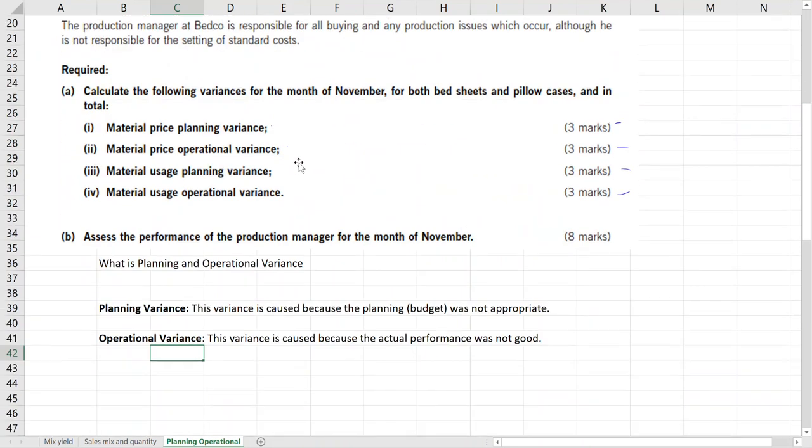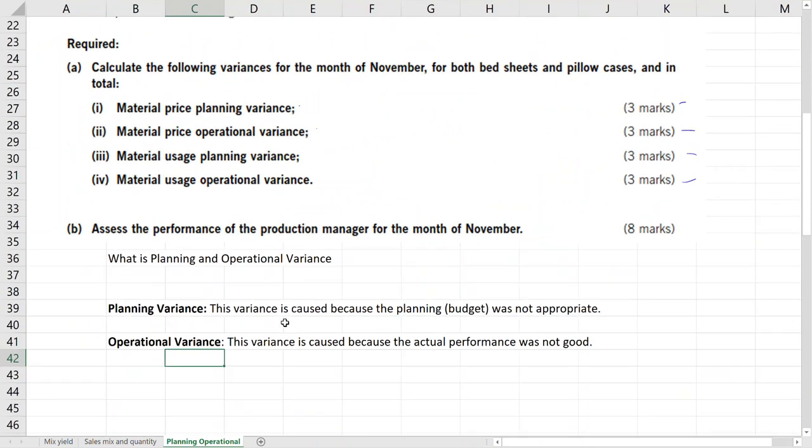All of these variances that we studied, the basic variances, the material, the labor, can be further divided into two parts: planning variance and operational variance. What is planning variance? This variance is caused because the plan or budget was not appropriate.